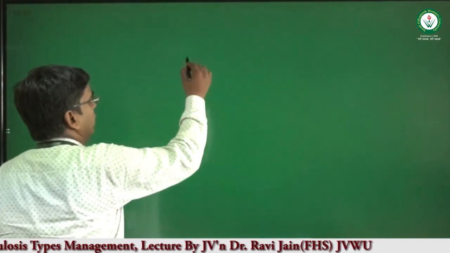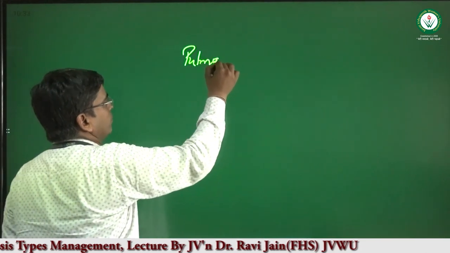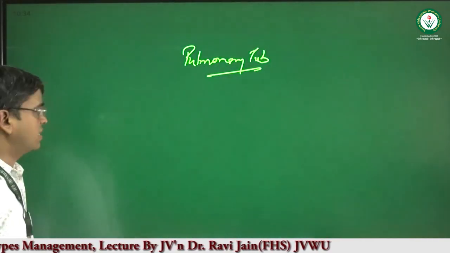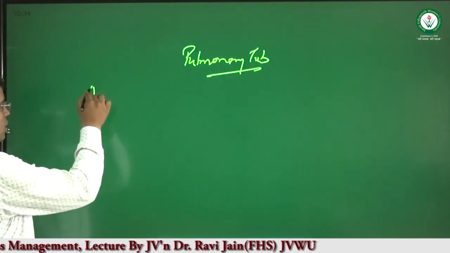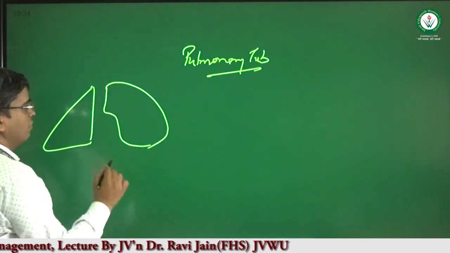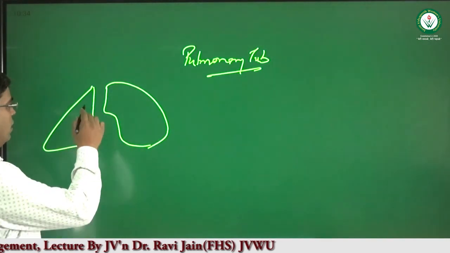Now, what happens in pulmonary tuberculosis? In case of pulmonary tuberculosis, the bacilli affect the lungs. These are the lungs which are affected by pulmonary tuberculosis.